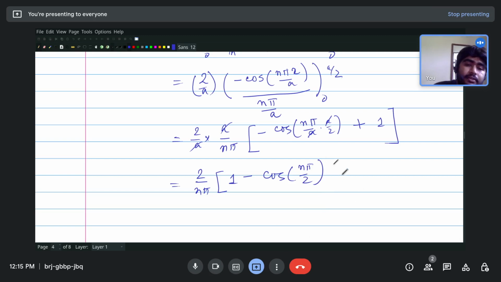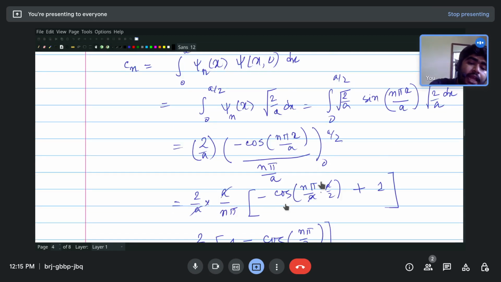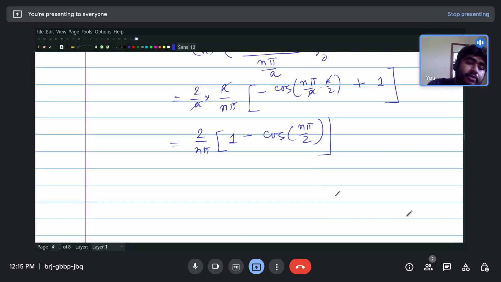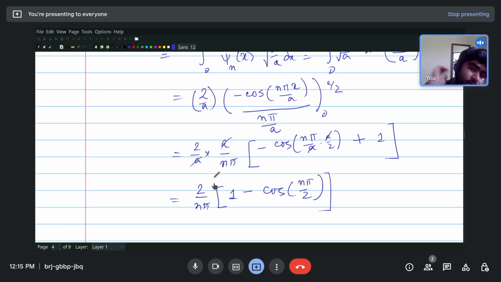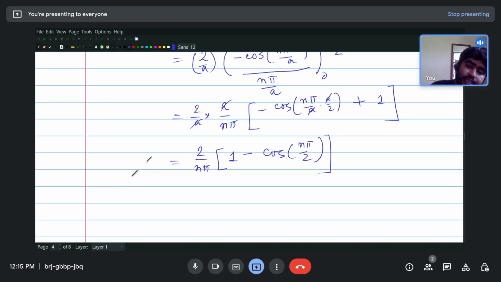Okay, so now you can calculate this quantity, and you will see that for odd n, okay, so this might depend on what n is. Okay, so this is basically my Cn.